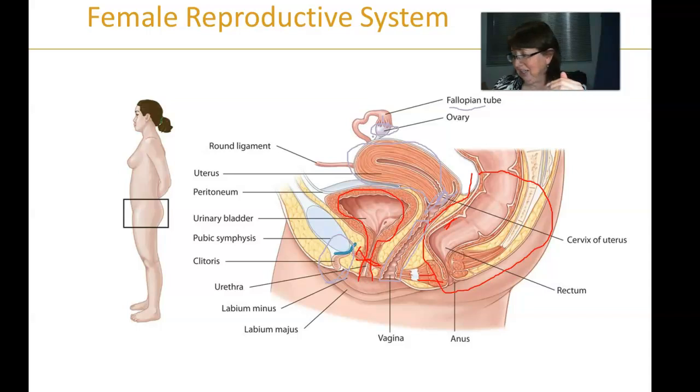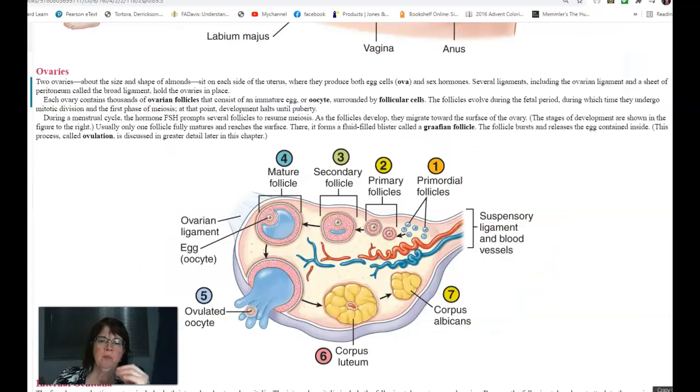There's actually a movement there, and I'll show you in a video on fertilization how the fimbriae will move over top. So we've got those three different regions pretty much.